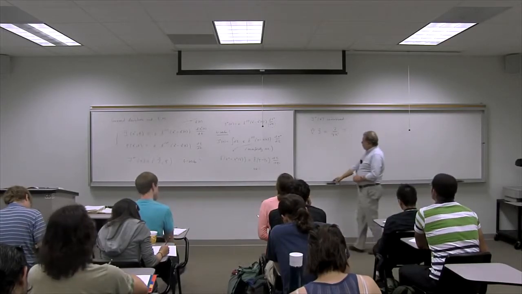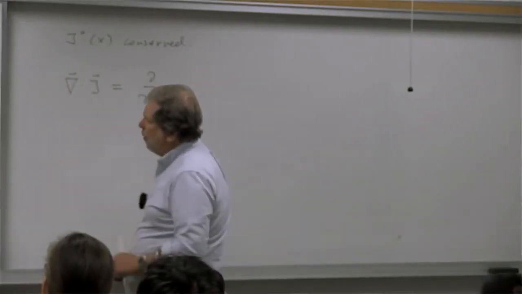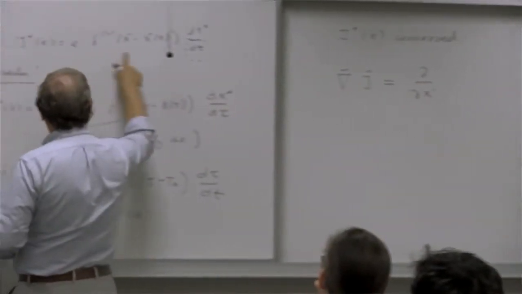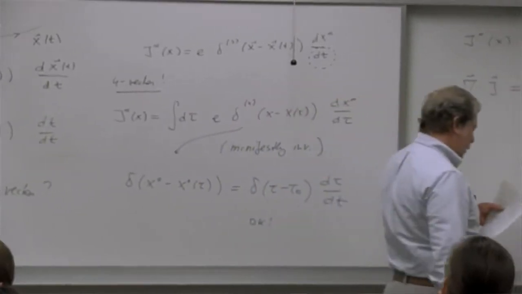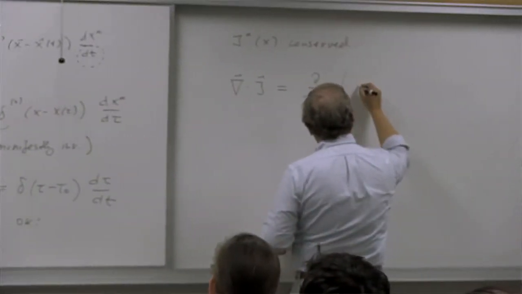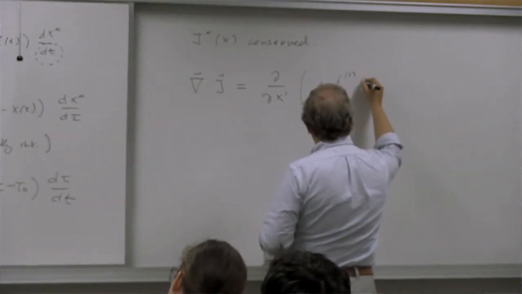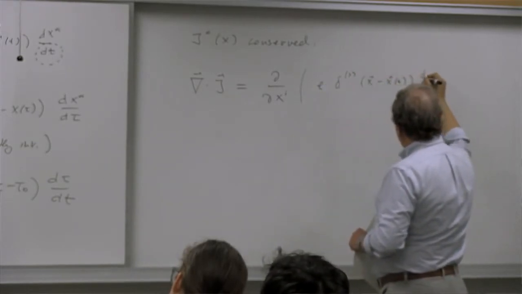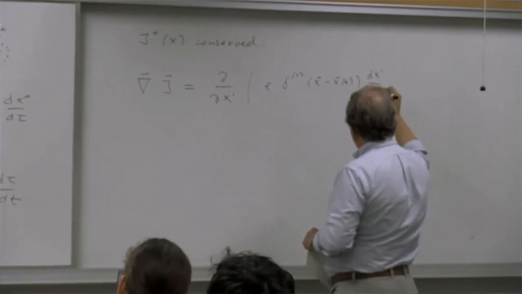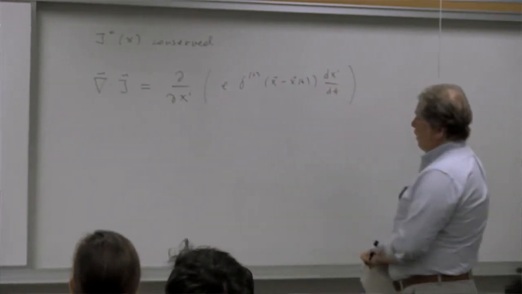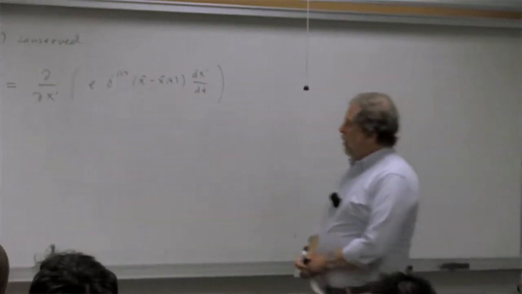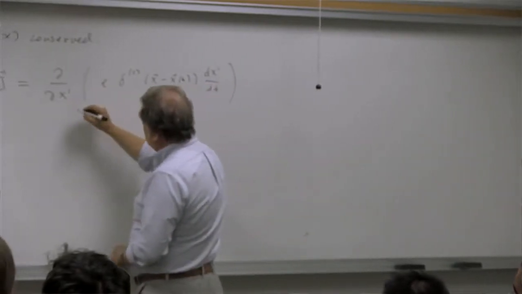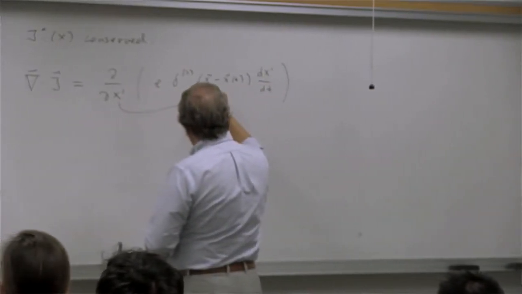So we just write in what the Ji is, because I have it right here on top. So this is equal to e times delta 3 of x minus x of t times dxi by dt. This derivative, okay, now the d by dxi acts on this x here.